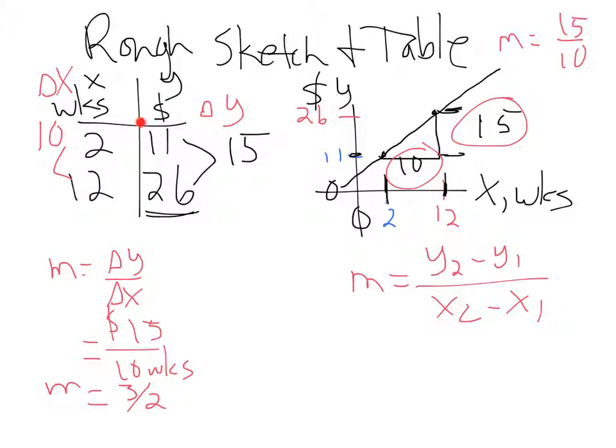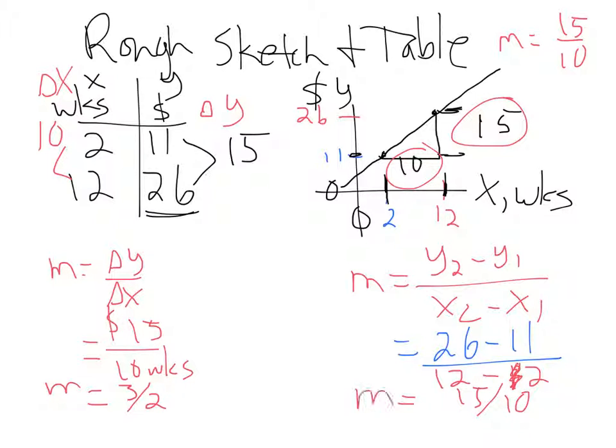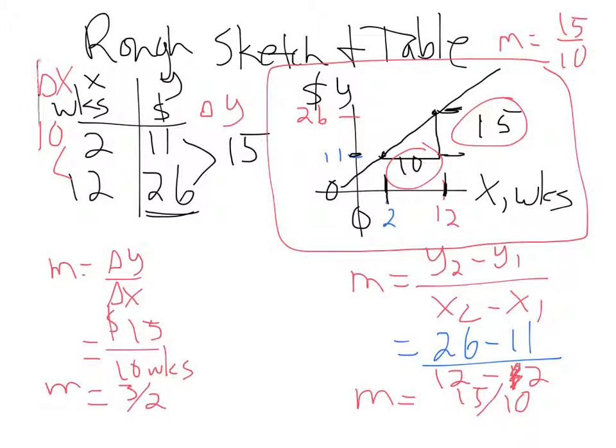So y1 is the first y value, y2 is the second y value, so it's y2 minus y1, which is 26 minus 11 divided by 12 minus 2, which equals, again, 15 over 10.